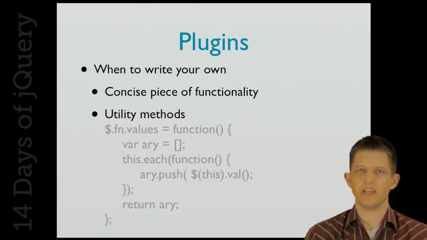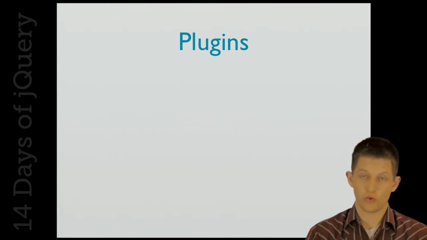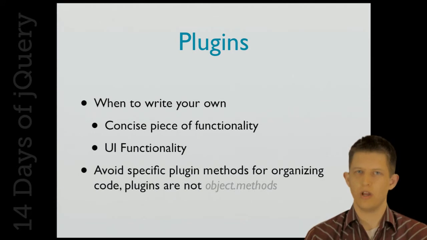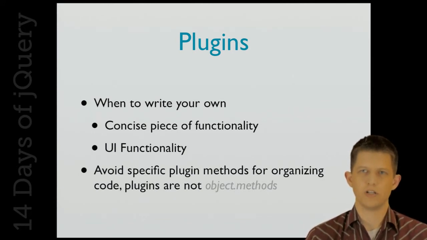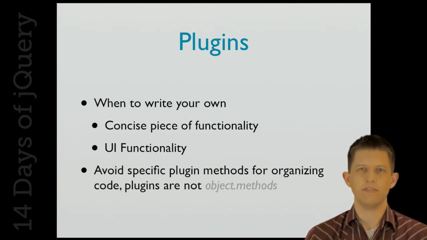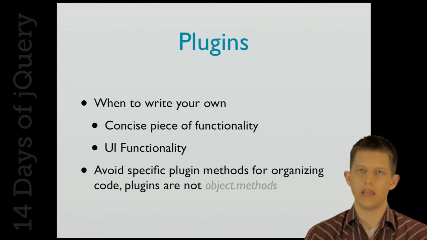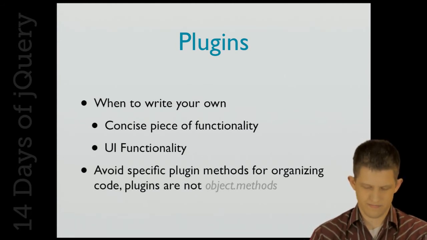That's an excellent place for using a plugin or writing your own. Avoid using the plugin pattern in the traditional sense of object method and for organizing your code like that. It should really perform a specific action either on a jQuery object or on a UI component itself.